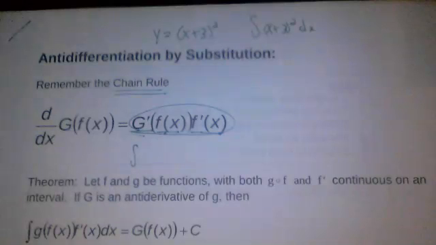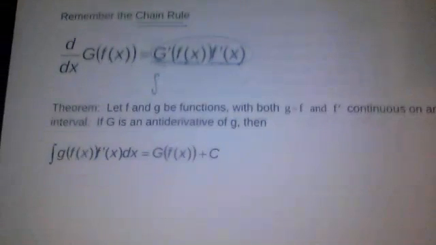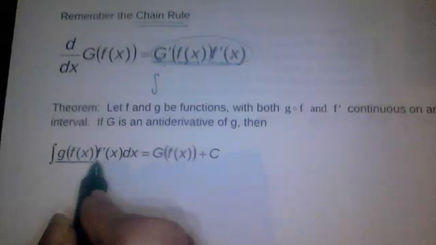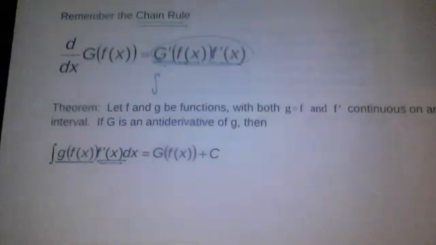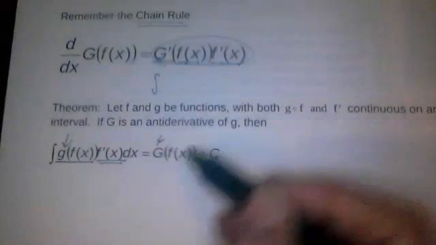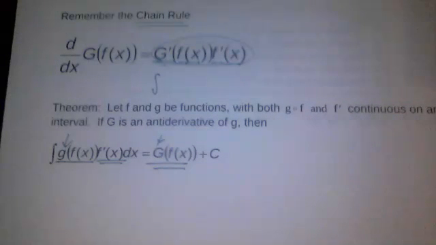In order to integrate, you've got to have this part along with the derivative of the inside, and if you do, then you can go back to the original function. But if that inside part is not there, then we're going to have to make some adjustments.